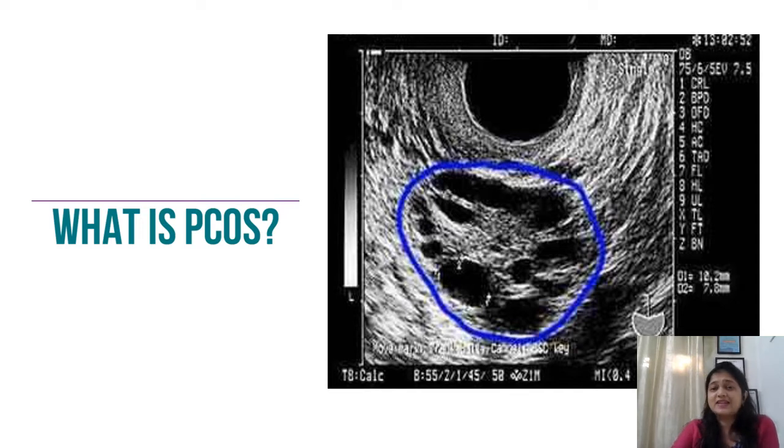When this axis is disturbed, that is when the ovulation does not occur. The cysts that you can see on this imaging are nothing but the follicles that have failed to ovulate. And this keeps on occurring cycle after cycle after cycle. These follicles remain retained in the ovary and form the cyst.